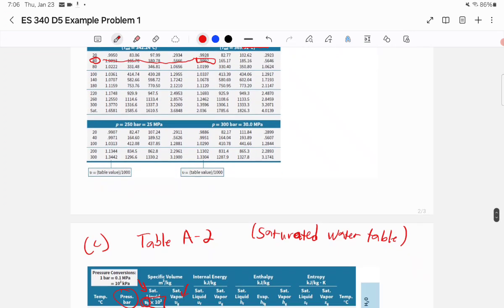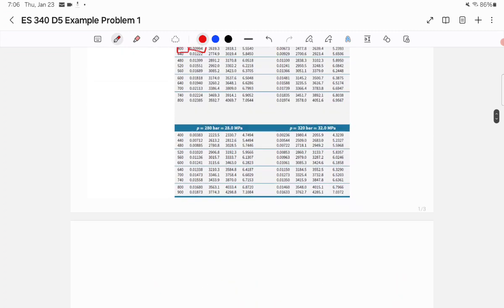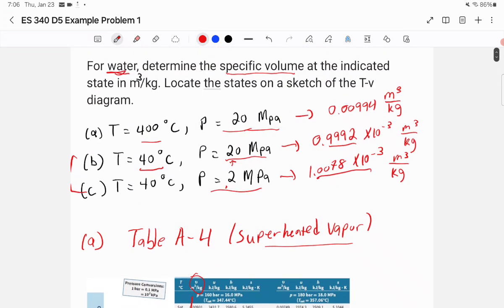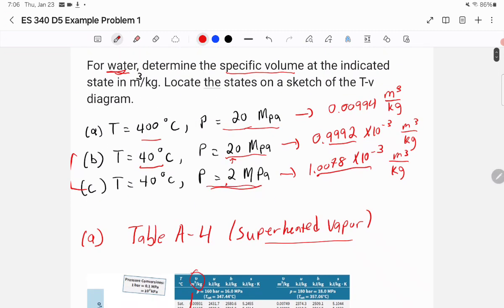There's not going to be a whole lot of change. It's not going to be very wrong to just assume in this case, especially since it's just 2 megapascals, that this is the actual value. So we're going to say it's approximately that. Okay, so that is the value that I get.